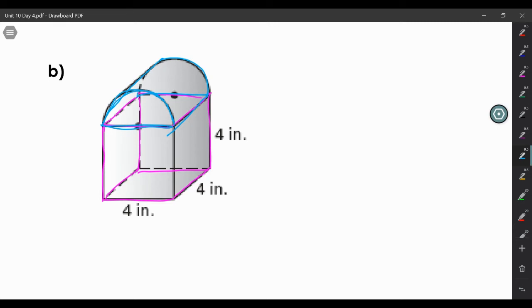And that's what we have on top of here. Well, we never dealt with half of a shape before, or half of a solid. Well, we're just going to pretend that it's a whole solid and then divide that by 2 at the very end. So what I want you guys to do is find the volume of the cube.